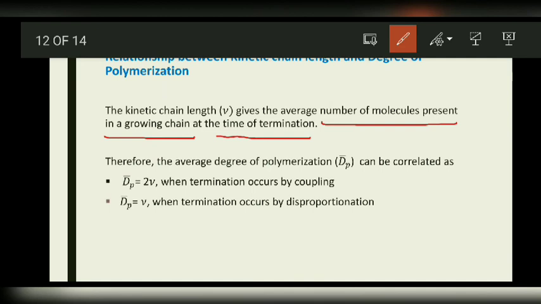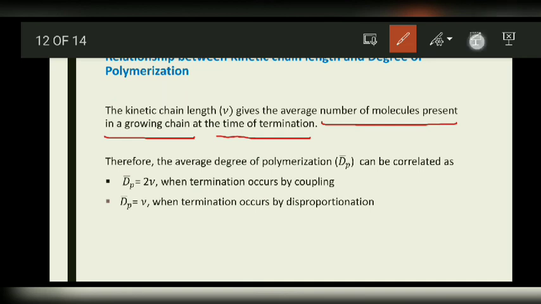After termination we get the polymer, and the number of monomer units in it will be equal to the degree of polymerization. Therefore the average degree of polymerization, that is DP bar, can be correlated with the kinetic chain length as DP bar equal to 2 nu, that is twice the kinetic chain length, when termination occurs by coupling.